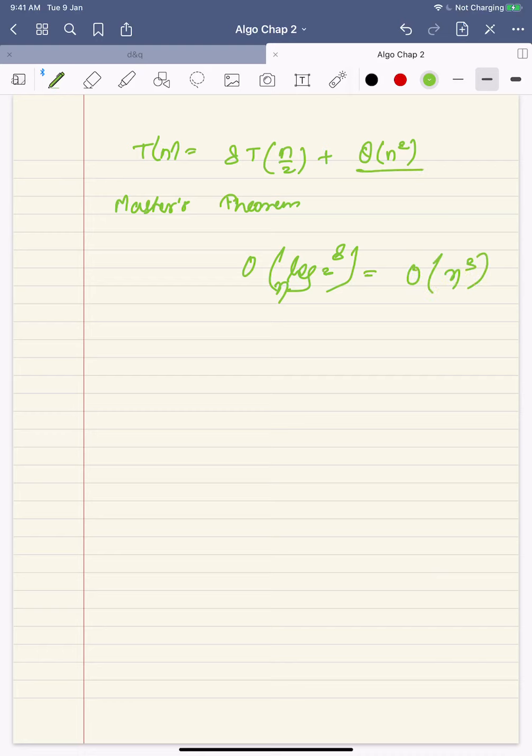And I have to make sure that this f(n) is smaller than that. This is order n to the power 3 minus epsilon. Yes, true. Fine. So then I can write T(n) is theta n cube. Well, same situation. So I divided, but got the same complexity as the naive algorithm. So I divided, but could not conquer again.